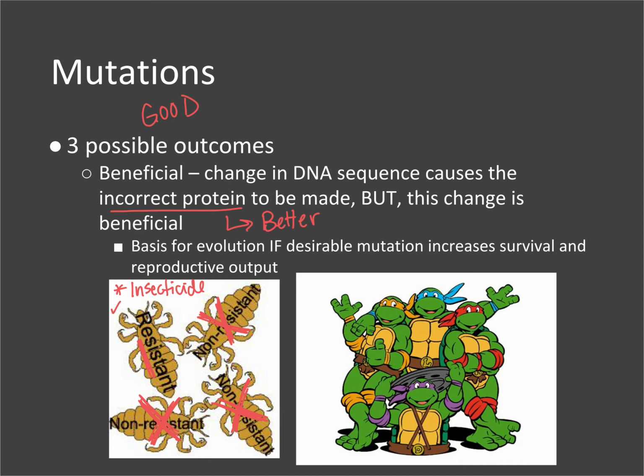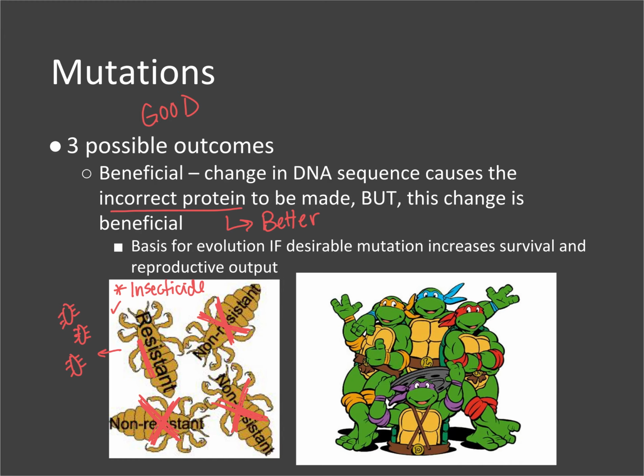Now, if this individual then goes off to make a whole bunch of little baby bugs, now all of these little baby bugs have that resistance built into their genes, and so they're going to be more likely to survive if they're exposed to that insecticide. So it sucks for us as humans because we have to keep making stronger and different insecticides in order to kill off these insects that we don't want, but it's good for the insect because it means that they survive and can reproduce.